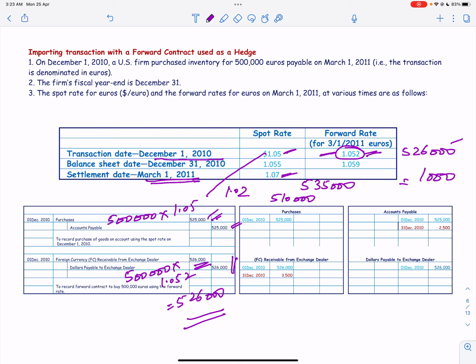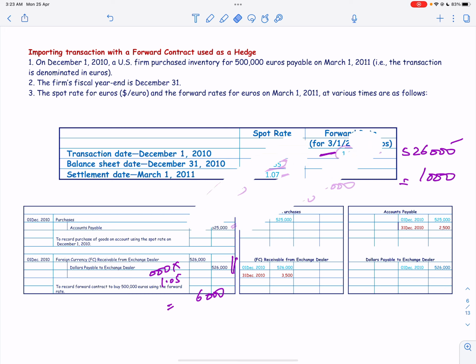The value of the receivable from the dealer and the account payable for the purchase of inventory are subject to changes in the exchange rate, but the gains and losses generally offset each other since the terms and the amounts are equal. On December 31, the spot rate increases from 1.05 to 1.055, resulting in an increase of 2,500 of accounts payable.